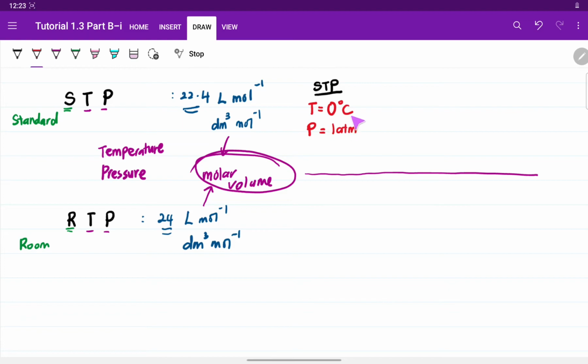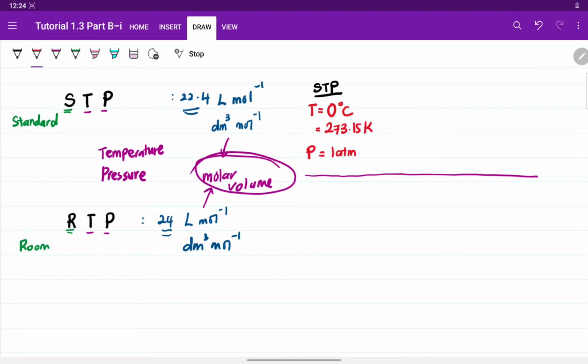So this 0 degree Celsius sama juga dengan 273.15 Kelvin. Ini maklumat yang patutnya awak kena keluarkan. So lepas ni, once you know about STP, ini maklumat dia. Temperature 0 degree Celsius, pressure 1 atm.